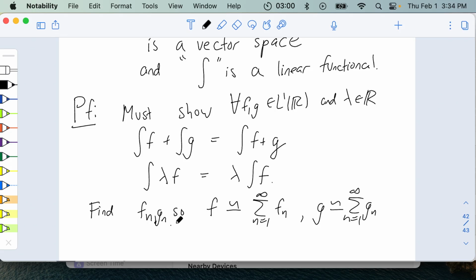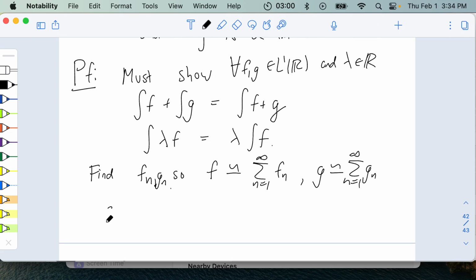So when you do the integral of f plus the integral of g, you're actually doing the infinite sum of the integrals of fn, and the infinite sum of the integrals of gn. And the claim is that f plus g will be the sum of fn plus gn.